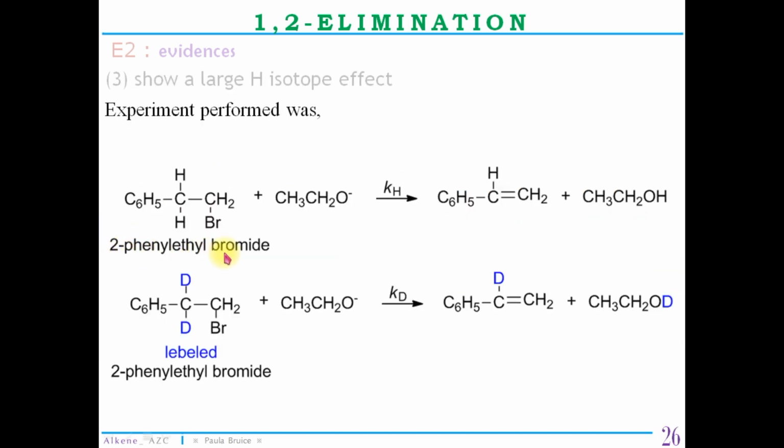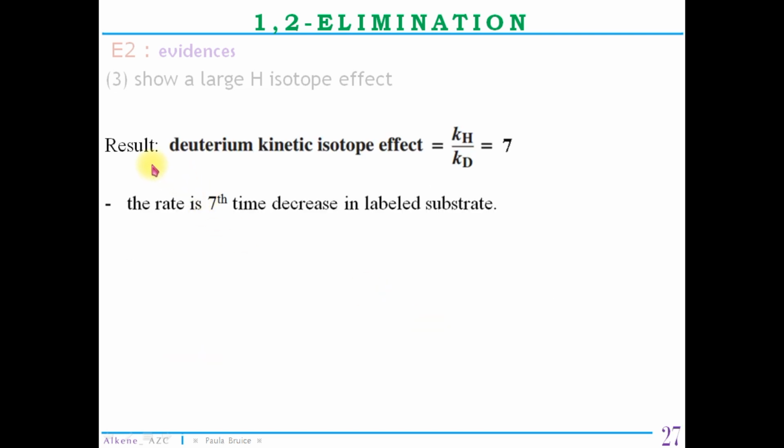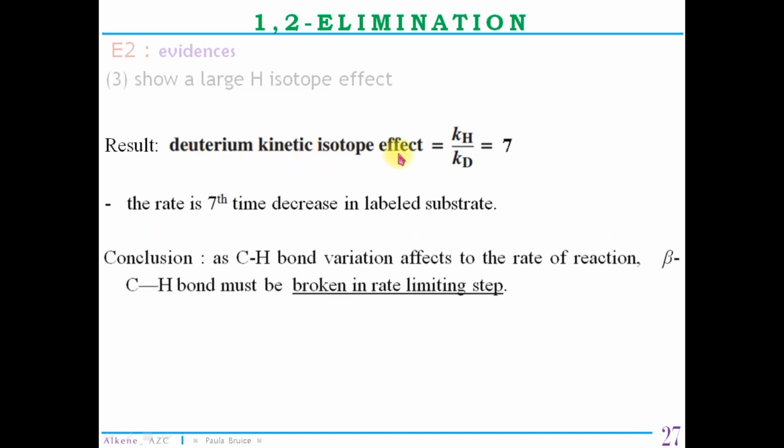First, 2-phenyl ethyl bromide is reacted with base and the KH value was calculated, and then labeled 2-phenyl ethyl bromide is reacted with ethoxide base and the KD value was calculated. The result obtained was that the deuterium kinetic isotope effect is equal to 7.